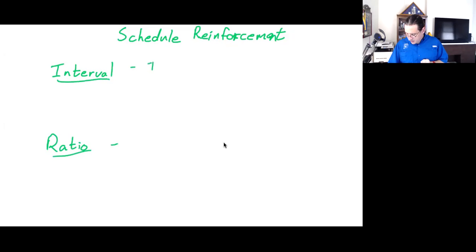Interval has to do with time: how much time has elapsed before we've reinforced or provided some kind of consequence. Ratio has to do with occurrence: how many times does it occur before something is reinforced?